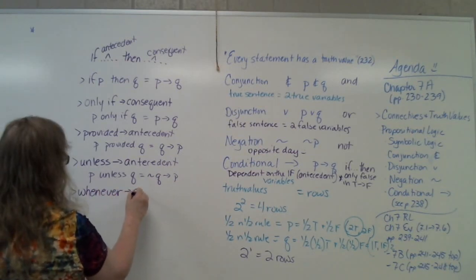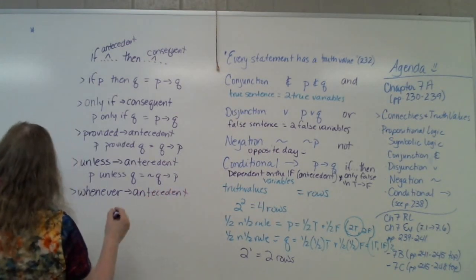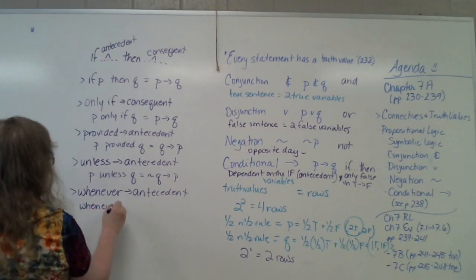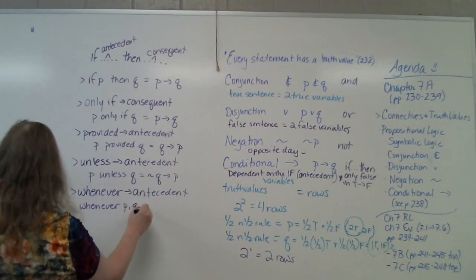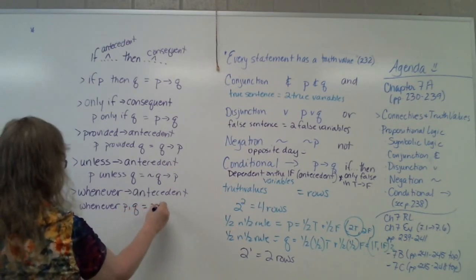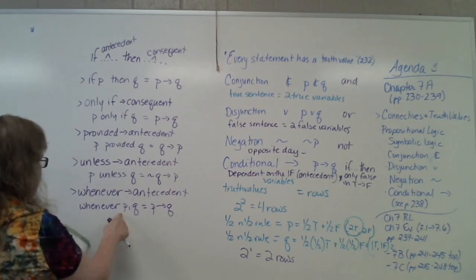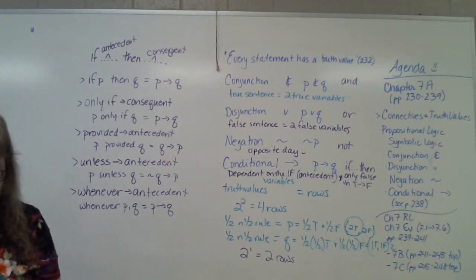That also introduces the antecedent. So we have whenever P, Q. Whenever there's P, there's Q, okay? Is, if P, then Q, because see, it introduces the antecedent. Goes first, okay? Those are the important pieces.